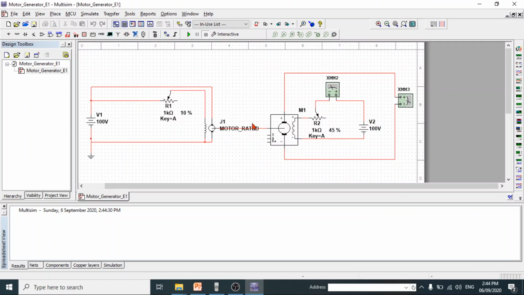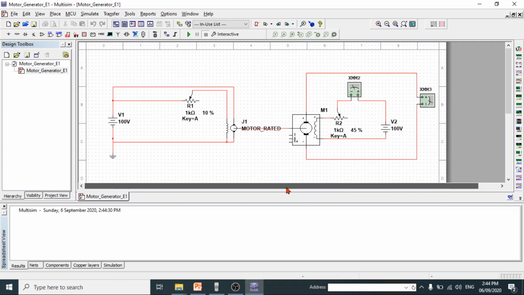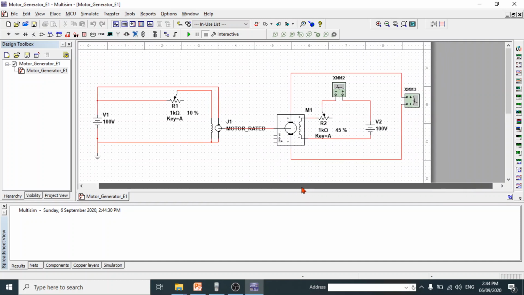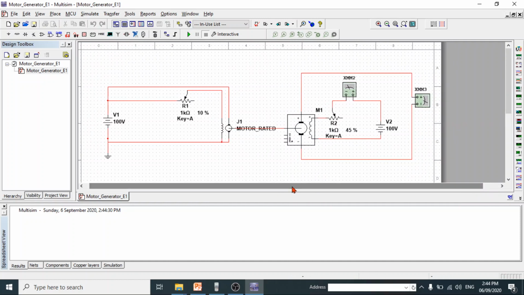So this was the circuit coming from the previous activity. If you haven't saved the circuit, you may go back to the previous activity on how to construct the given motor generator setup.